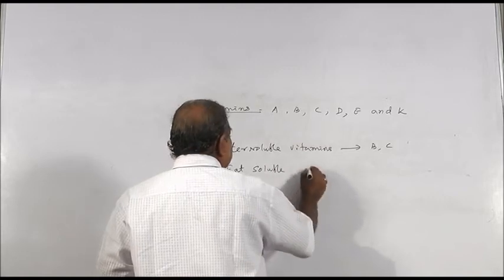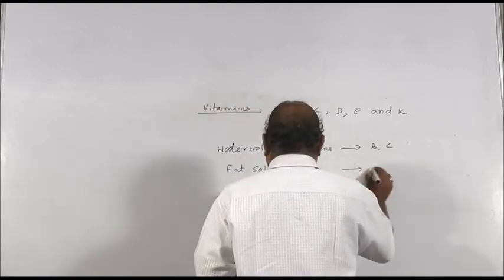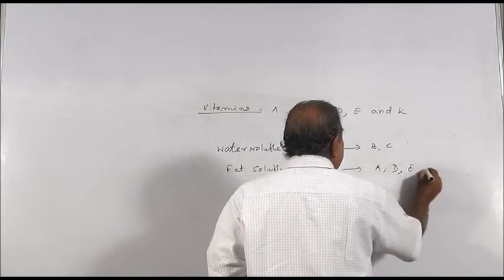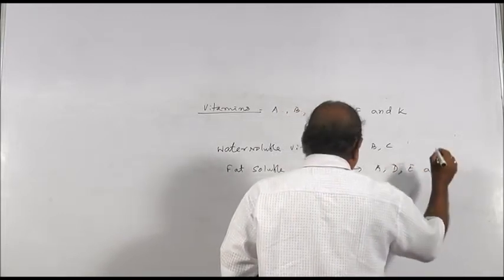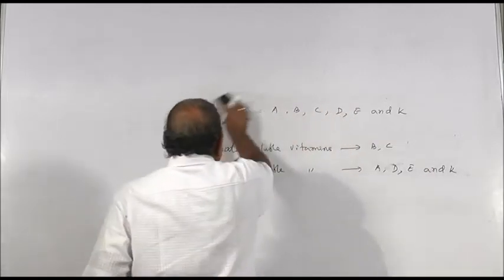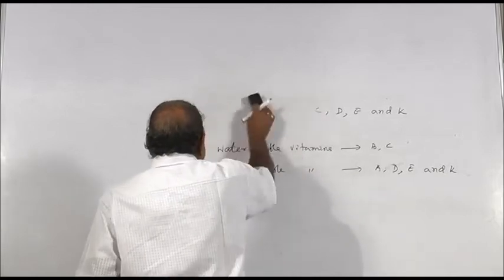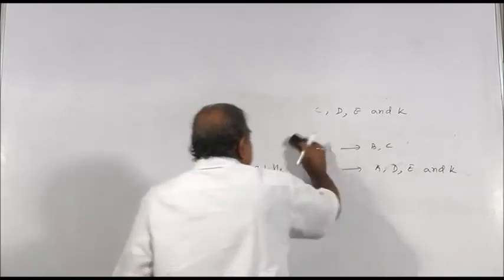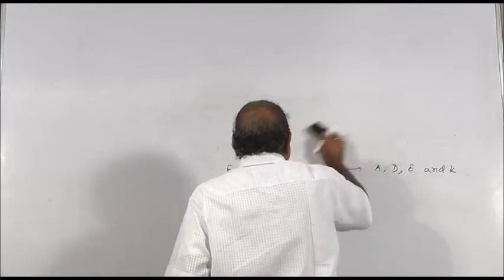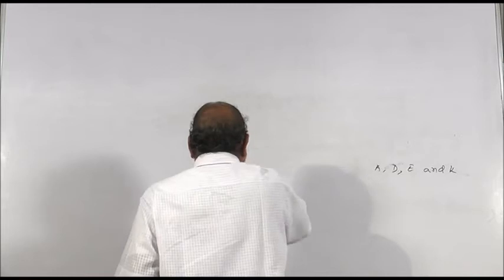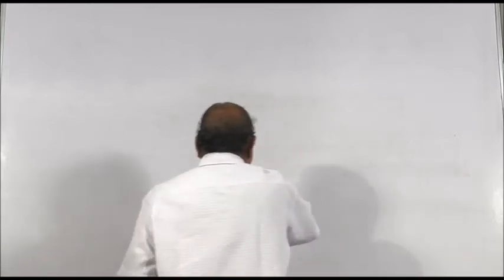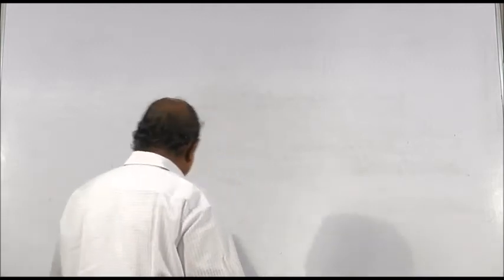Fat soluble vitamins, examples are A, D, E and K. Now I will discuss different sources for different vitamins, and the deficiency caused in their absence. Most of the time it is asked as a short note or fill up the gaps or multiple choice.